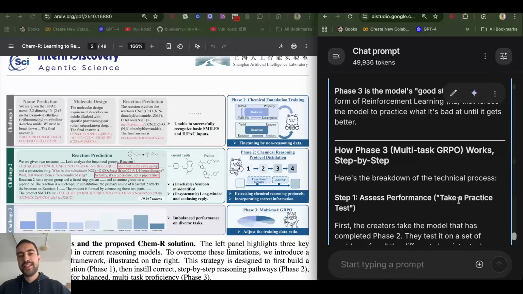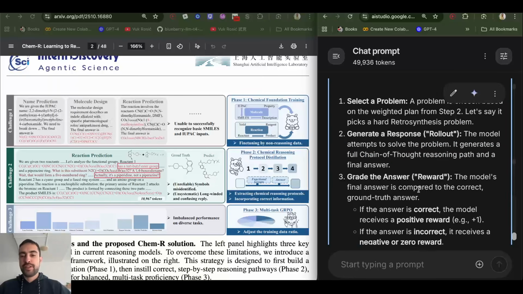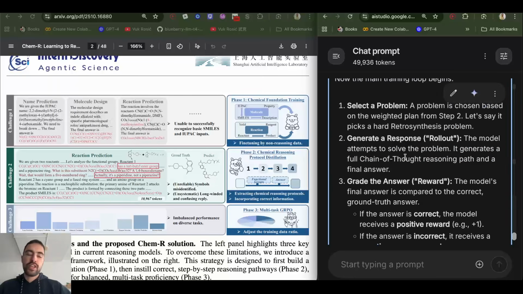In phase 3, they use reinforcement learning to improve the reasoning and the model's understanding of how to solve these problems. It's the classic reinforcement learning LLM reasoning. You give it a question, it generates a few answers, it rewards correct answers and punishes wrong answers. You can just search on my channel PPO LLM reasoning and you will learn a lot more about how that works.